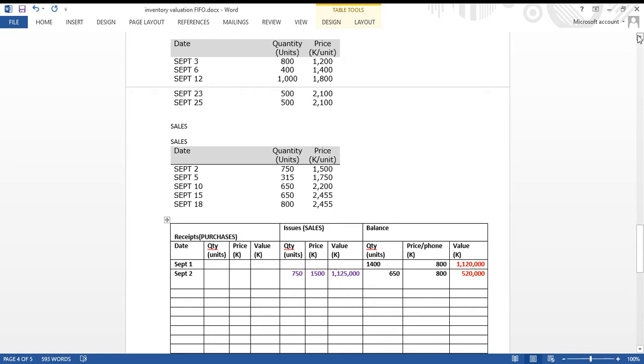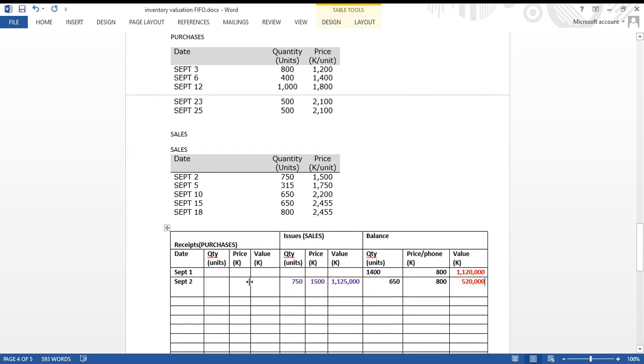September 3rd, we bought 800 units at 1,200. Here we get 960,000. So now what happens here?